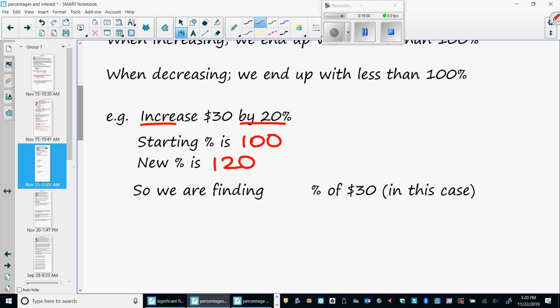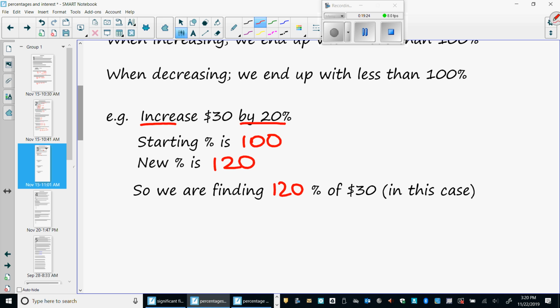We're now going to find 120% of 30. The method of finding 120% is the same as it was for finding 5%. What did we do? Divide by 100 and multiply by the value. So you've got a choice.